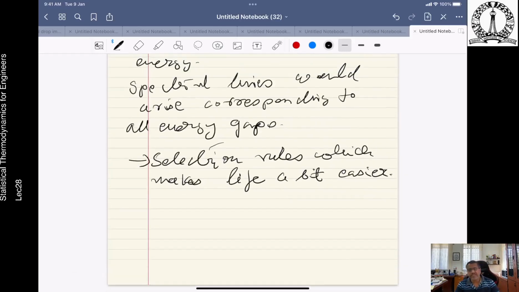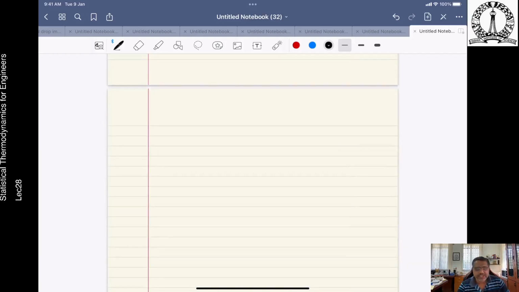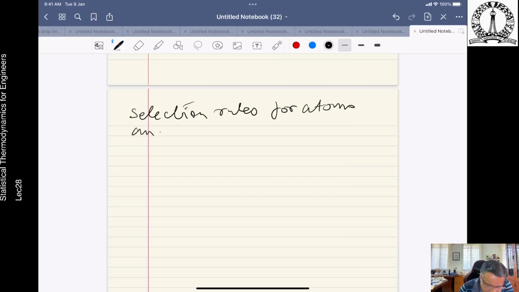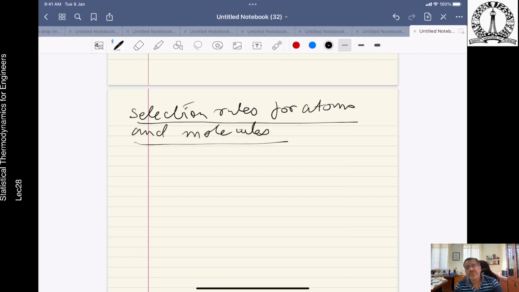Now, armed with this, we should start looking at the selection rules for atoms and molecules. That is something that we need to know.